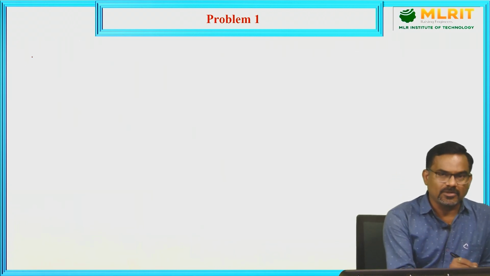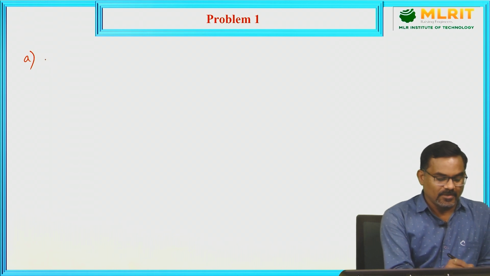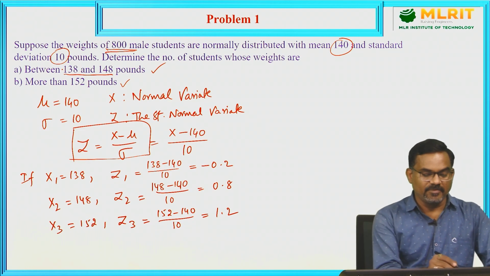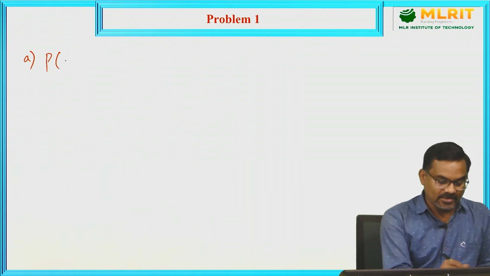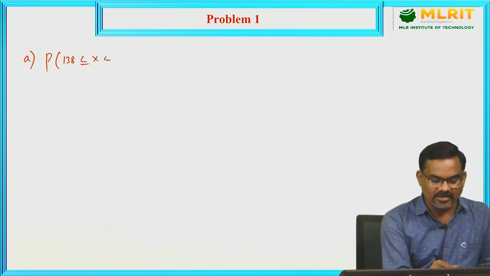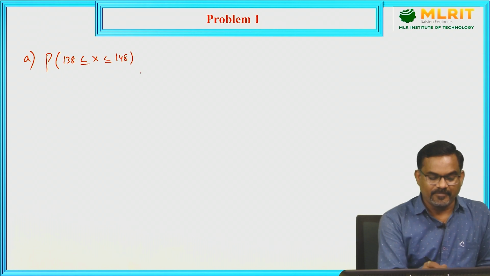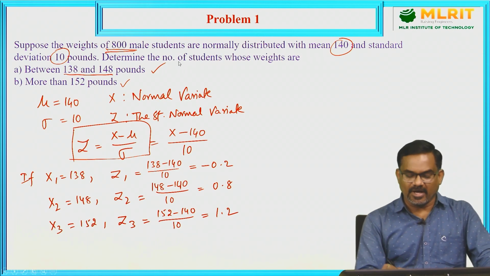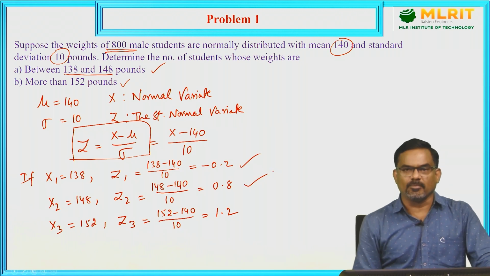Now coming to the first question, we need to find the probability of x lies between 138 and 148. So probability of 138 less than x less than or equal to 148, which is the same as the probability of, what are the corresponding values of z? Minus 0.2 and 0.8.